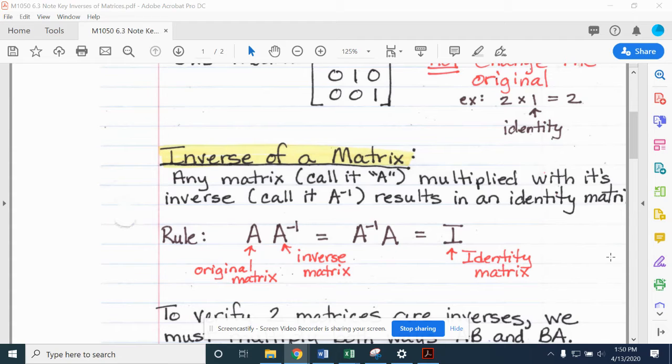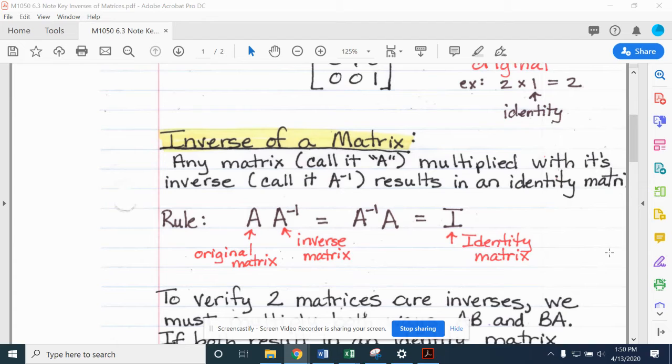Now, if you remember back with functions, we had inverse functions. f of x is the function, and f of -1 of x is its inverse. Before, we had to verify if they were inverses using composites: put the g inside the f and it comes out as an x, and then switch places, the g first and the f of x second, and it would come out as an x.